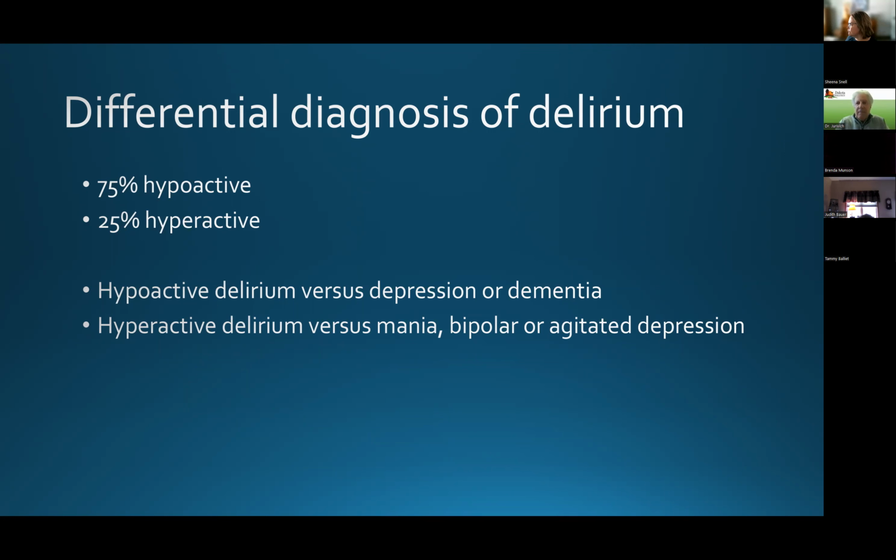But as I always think about this differential diagnosis, my psychiatry colleagues always tell me, nope, it's delirium. Even though we try to say, oh, maybe it's bipolar, they go, no, it's delirium. So I've yet to see a case where somebody suspected of having delirium has a different diagnosis.